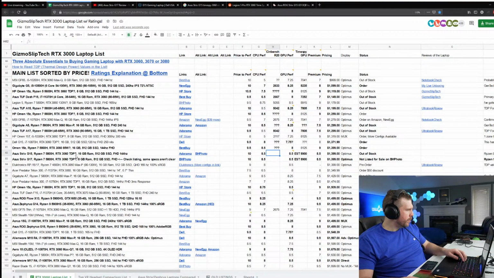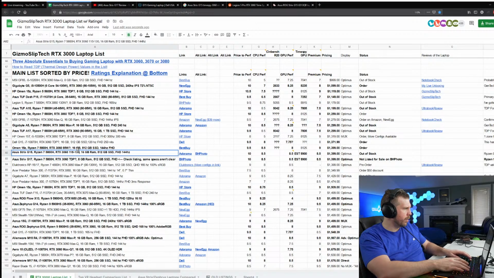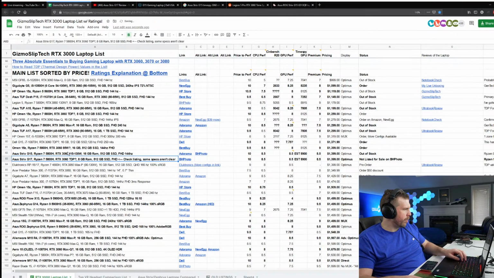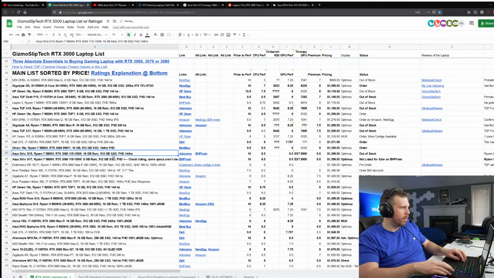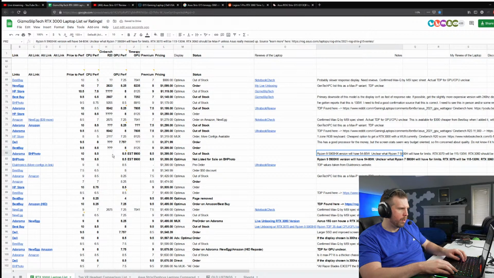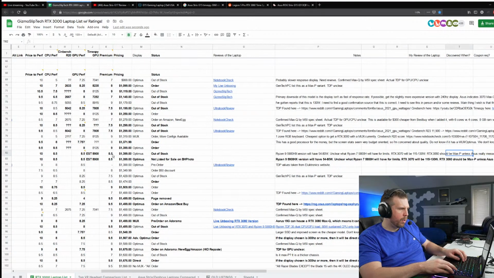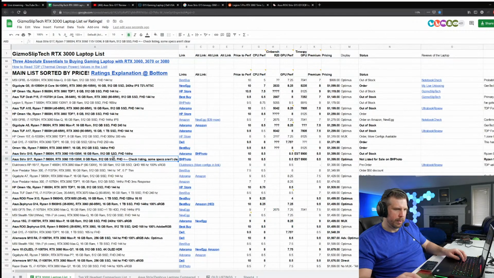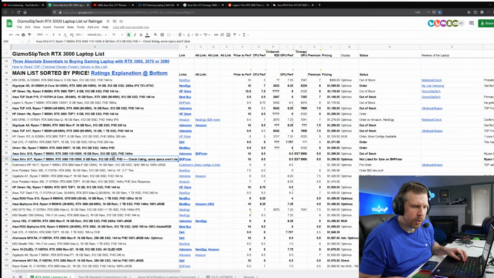It should be 115 to 130 watt for these, at least I'm pretty sure. I wouldn't think they would change it from this 3070 version, but I suppose they could.